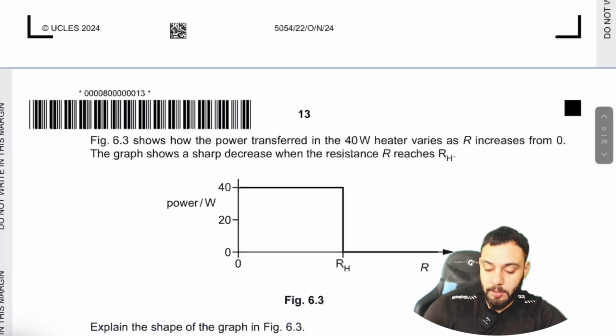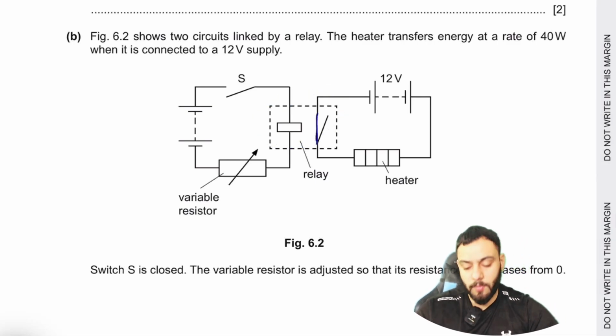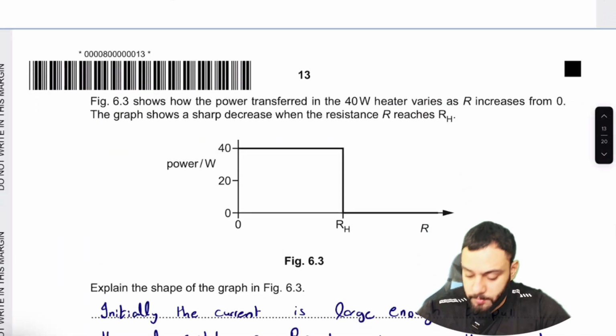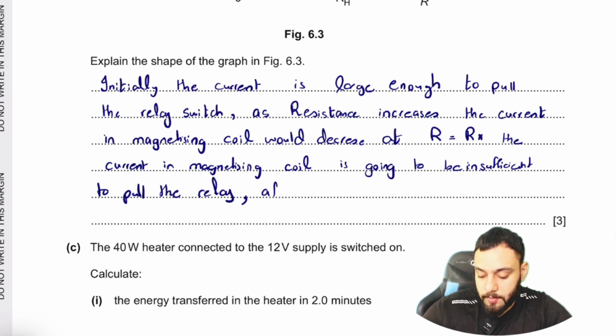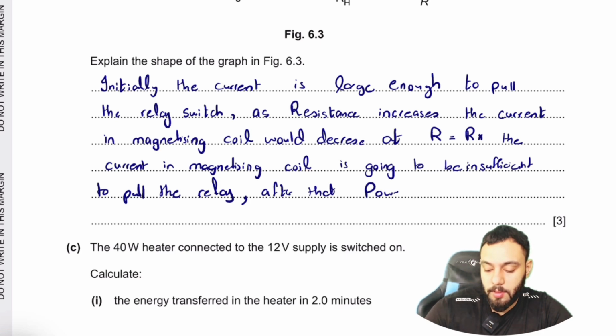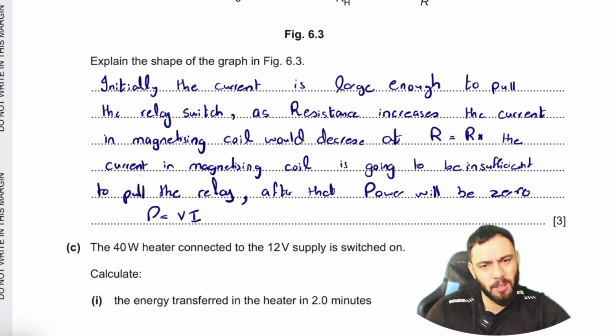The current is going to be so insufficient that it won't be able to pull the relay, and therefore the power in the heater would be 0. Since power equals VI, and if the current is 0, therefore the power would also be 0.